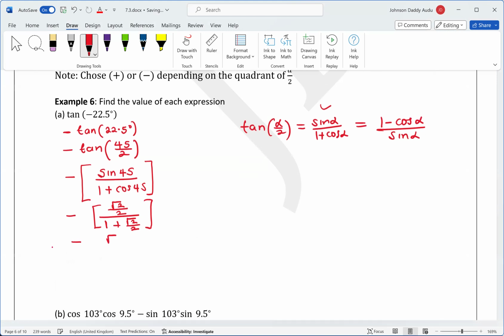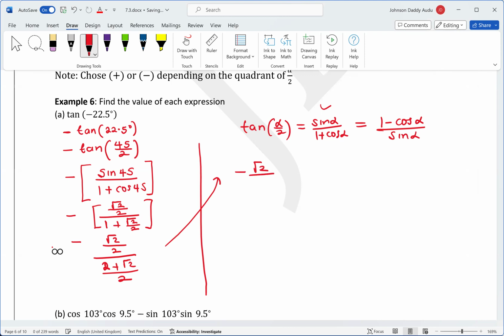So this is root 2 over 2 over, this is going to be 2 plus root 2 all over 2, right? And then we can continue here. So what is this? 2 will cancel 2. So we just have minus 2 root 2 over 2 plus what? Plus root 2. So you can leave it this way, or you can rationalize it.